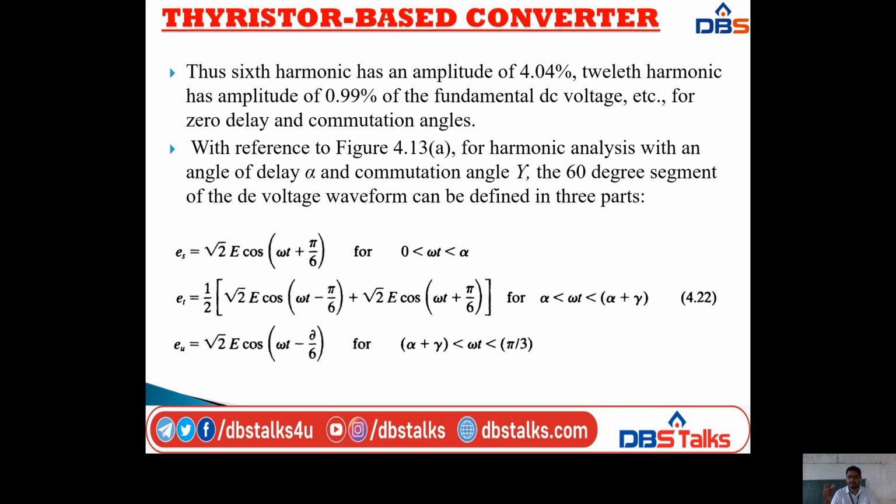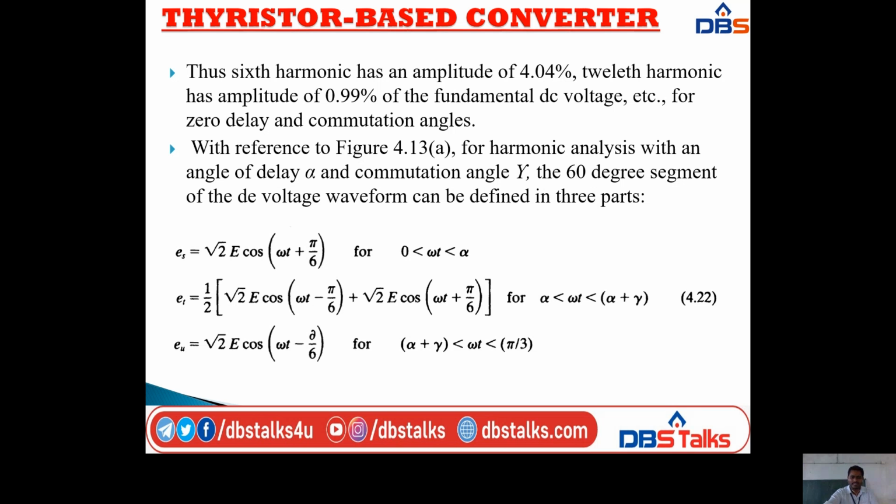With reference to the diagram, for the harmonic analysis with an angle of delay alpha and commutation angle gamma, the 60-degree segment of the DC voltage waveform can be defined in three parts.